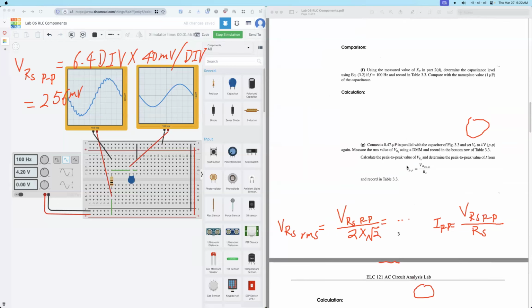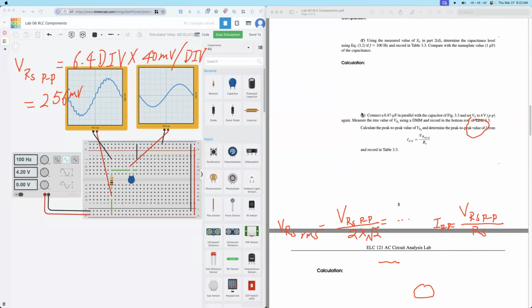Okay. Then in this one, step G, you can see connect a 0.47 microfarad in parallel with the capacitor, the 1 microfarad.